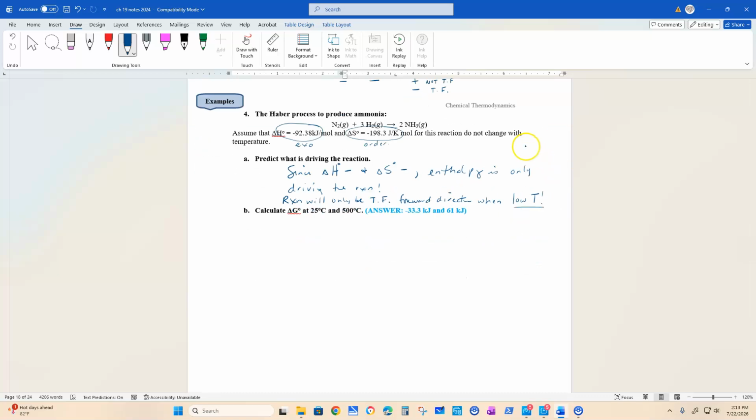Now, usually AP would say, assuming delta H and delta S are not affected by temperature. Now, why do they have to say this? Because remember those appendix values, the tables that they give you? The appendix values for delta H and S and delta G are all standard state.